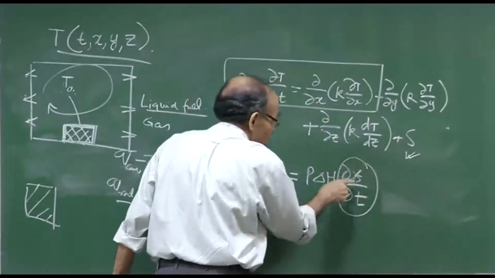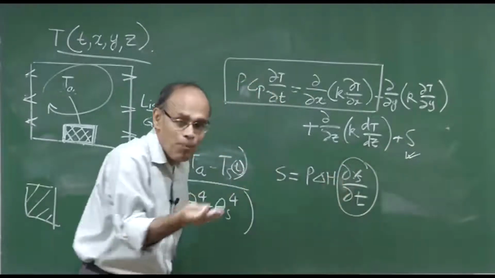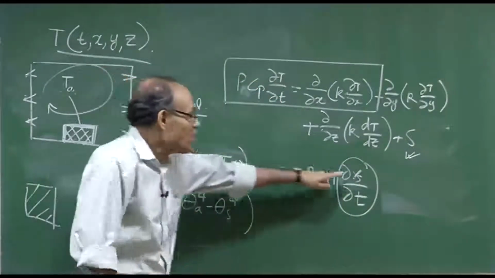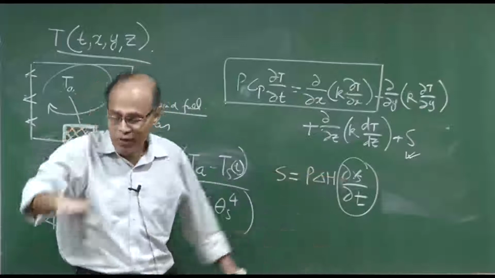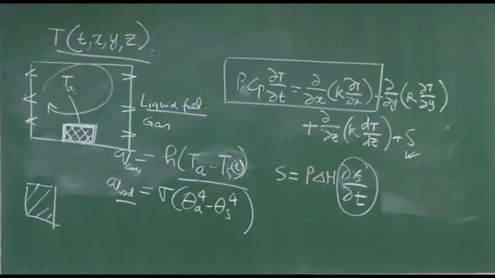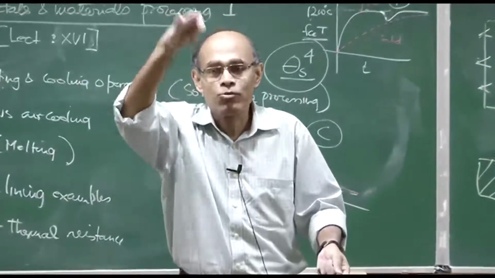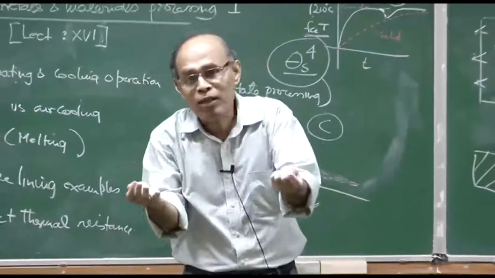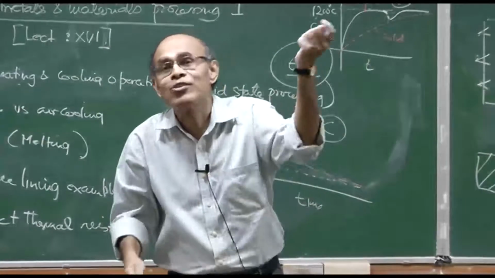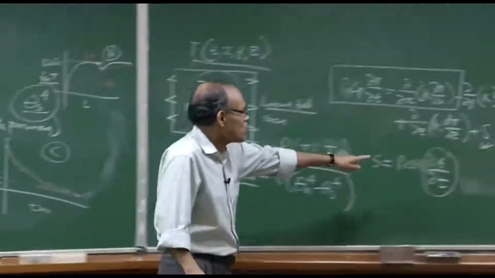How much pearlite will change to austenite depends on the state of temperature. If the temperature is between 25 and 200 degrees centigrade, all the pearlite will remain as pearlite, nothing is going to change. So, at that time this is going to be 0.